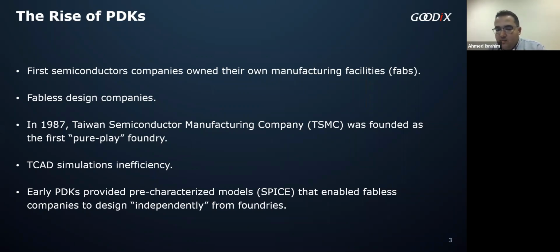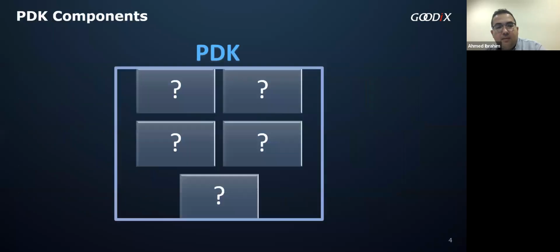of our PDKs. I will talk about SPICE and the models provided by the foundry in some detail. Okay, so a PDK is a set of files provided by the foundry, of course.